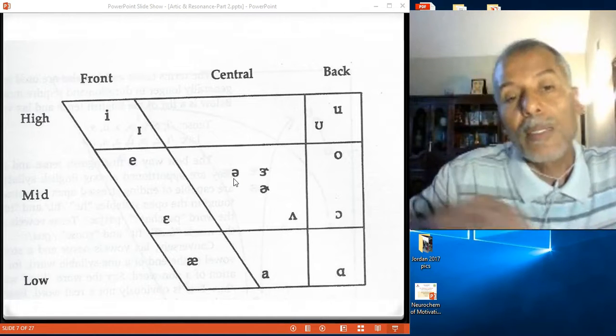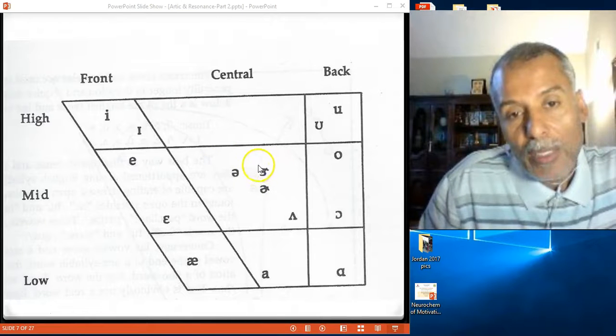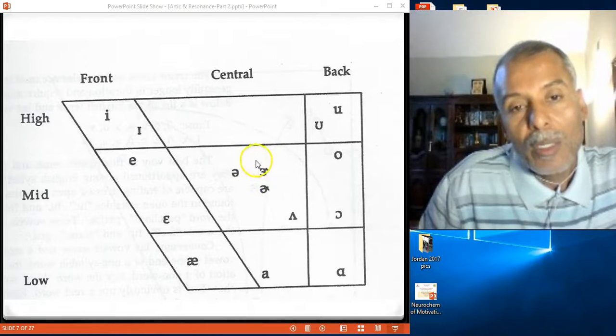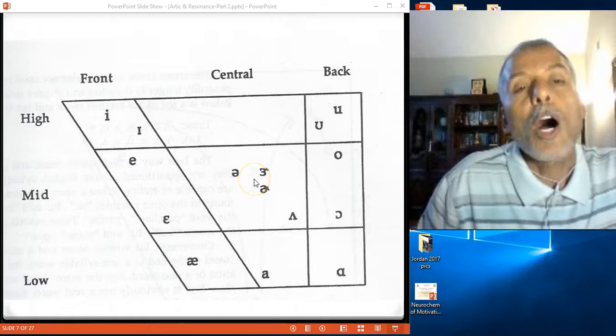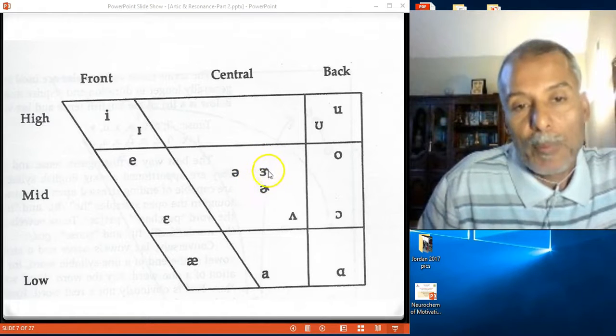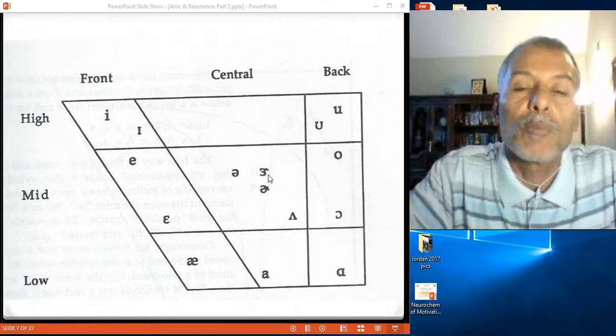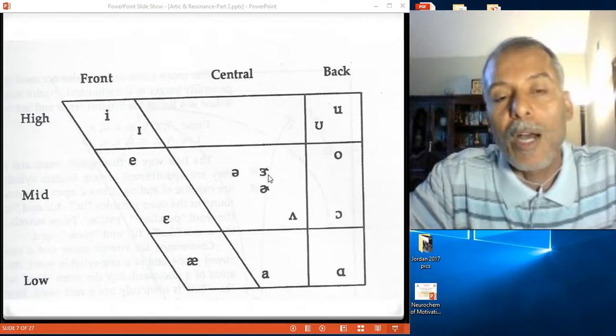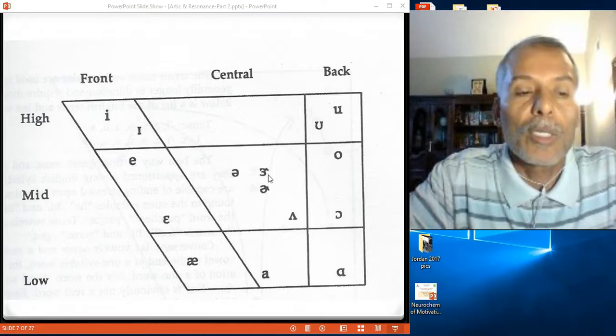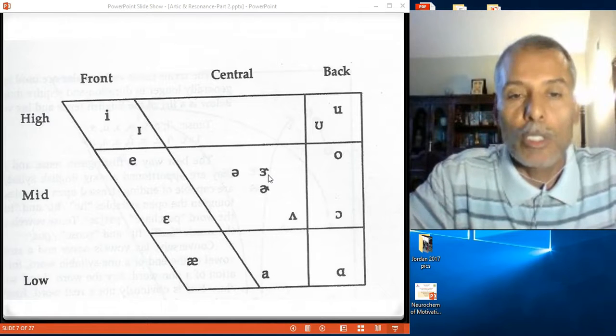So then we have what is called the tense schwa. And this is as in the word bird. Typically IR, spelling letter I and R, make this sound in words like bird.